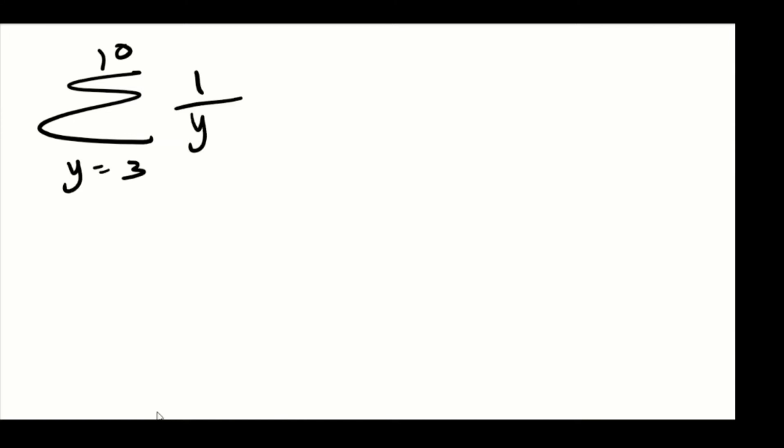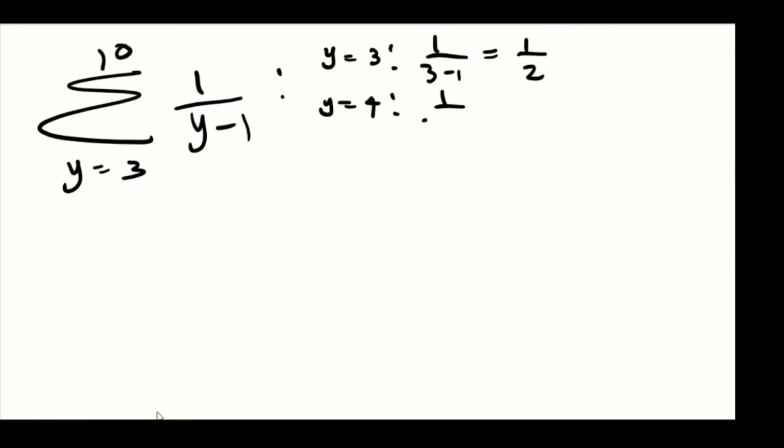So now let's find the terms for the second sum. The second sum also has 10, so y starts at 3 and it's 1 over y minus 1, right? So when y is equal to 3, we have 1 over 3 minus 1 is equal to 1 over 2. When y is equal to 4, we have 1 over 4 minus 1 is equal to 1 over 3. When y is equal to 5, we have 1 over 5 minus 1 is equal to 1 over 4.